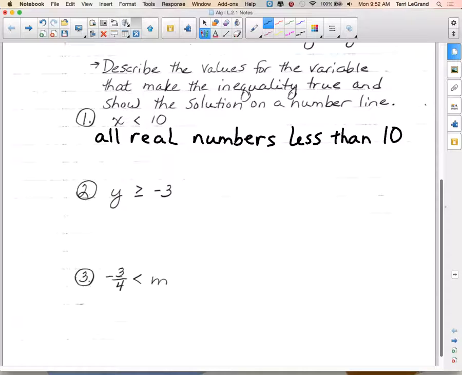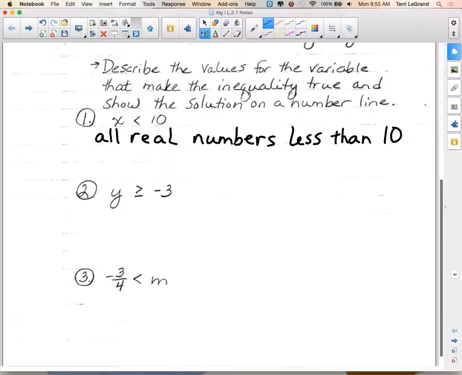Those guys are all real numbers. So what is the first real number that is less than 10? Can you name it? 9.9? Okay, what about 9.99? How about 9.999? How about 9.99999999999999999?